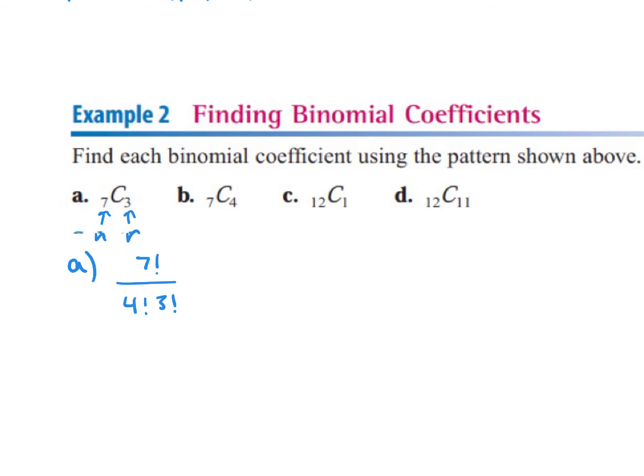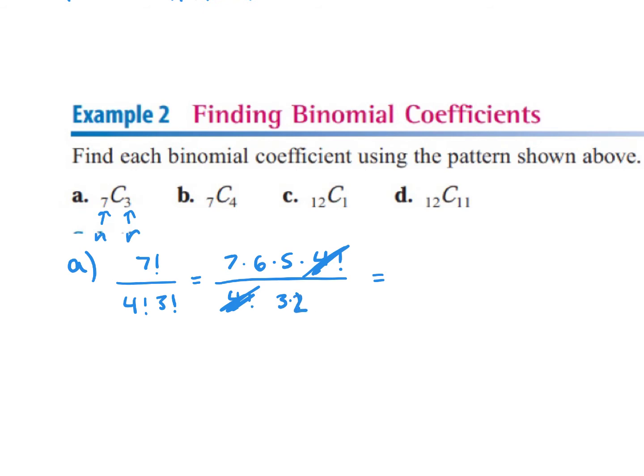That's the formula. We're doing A on example 2. So on top we have 7 times 6 times 5 times 4 factorial, because I know that everything after 4 is going to cancel out with my 4 factorial on the bottom. So 4 factorial cancels out with 4 factorial.